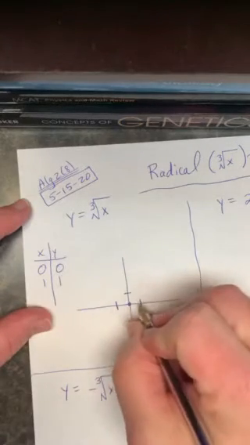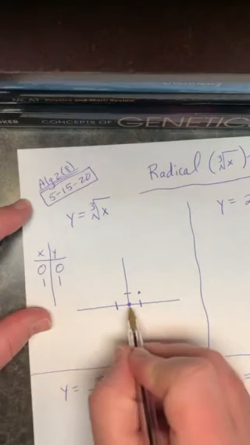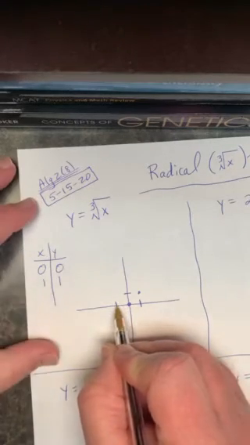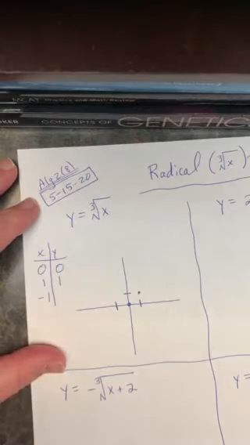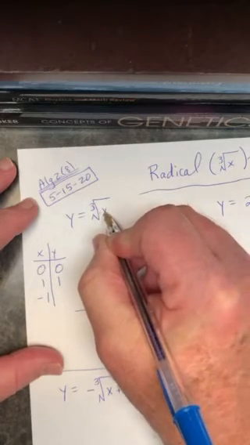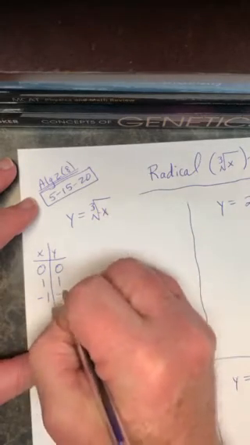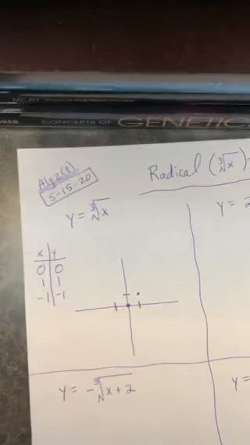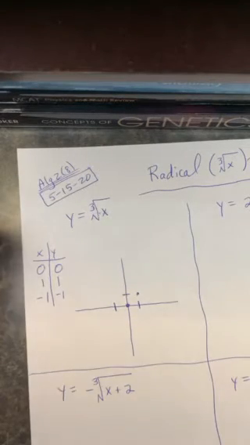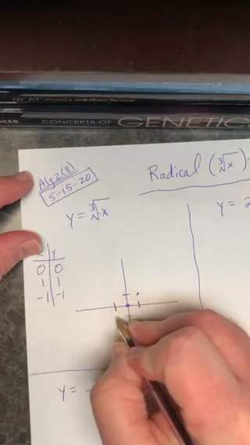So my second dot is right 1 and up 1. And then pick a number to the left of my starting dot, like negative 1. What's the cube root of negative 1? Remember, you can have a negative under there. Wouldn't it be negative 1? Because negative 1 times negative 1 is 1, times another negative 1 gives me negative 1. So go left 1 and down 1.